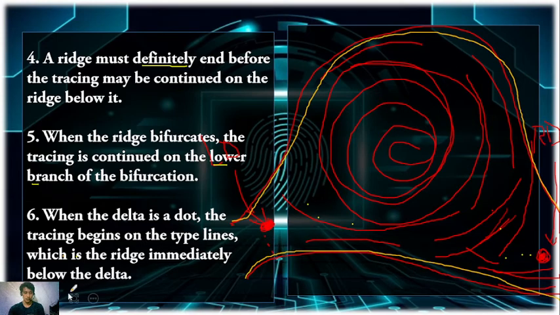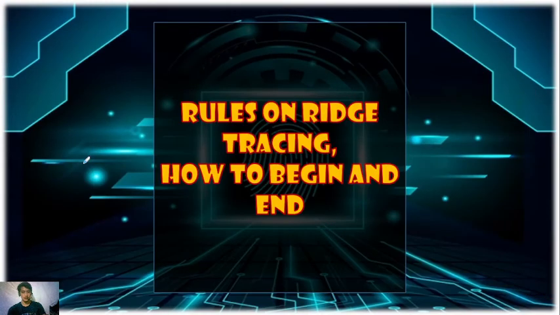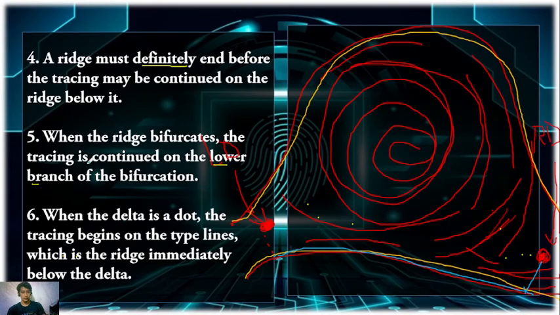So dito tayo magsisimula. Let's try to use color blue in here to start our ridge tracing. Tuloy-tuloy hanggang ma-reach natin yung point that it is already near, facing the right delta. So that is how we are going to perform ridge tracing.